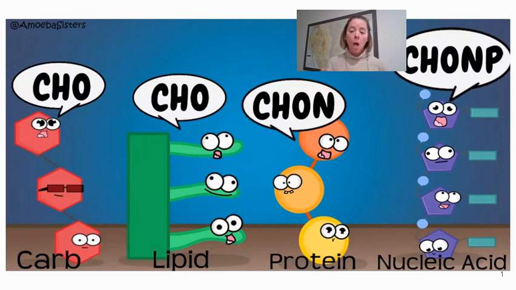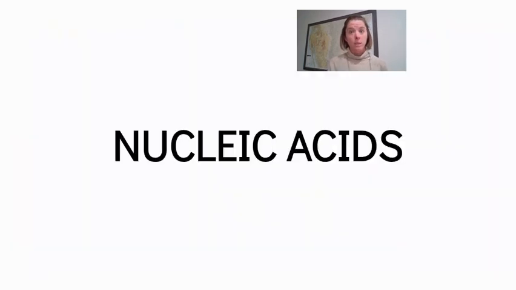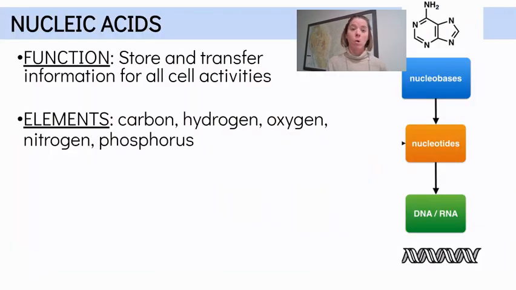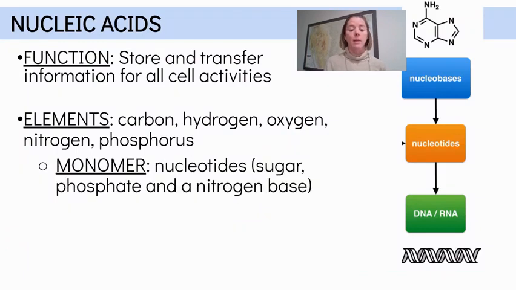CHOMP is the elements that are in every single one. And for the first and only time, we are going to see phosphorus as one of the main components that goes into this class of macromolecules. So all of them, CHNOP, will be involved in there.